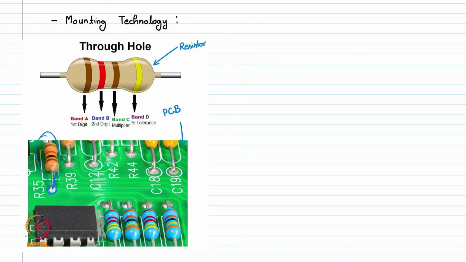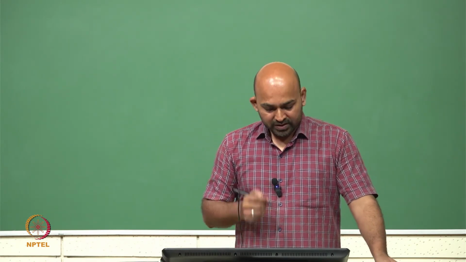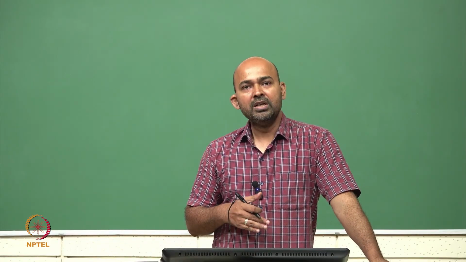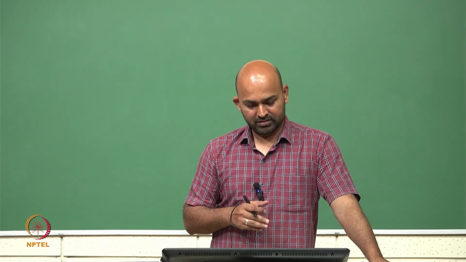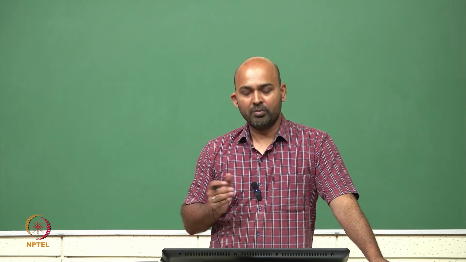So this is the arm of this resistor which is going through the PCB. So while putting this resistance on the PCB, we drill the hole into the PCB and put the component so that the pin goes through the hole, and then we solder it. So this type of technology is called pin through hole or PTH technology, or these components are PTH components, the pin through hole components.